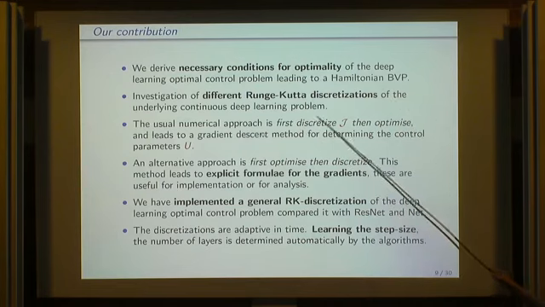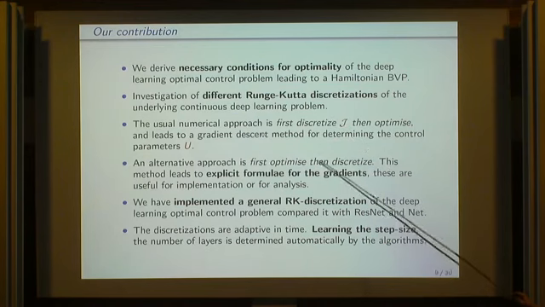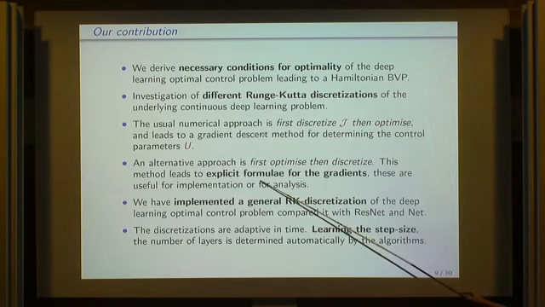Then we wanted to see what is the effect of applying different Runge-Kutta discretisations to the problem. And this led us to find out that the right way to do it is symplectic partitioned Runge-Kutta methods, and that this way you get explicit formulae for the gradient.